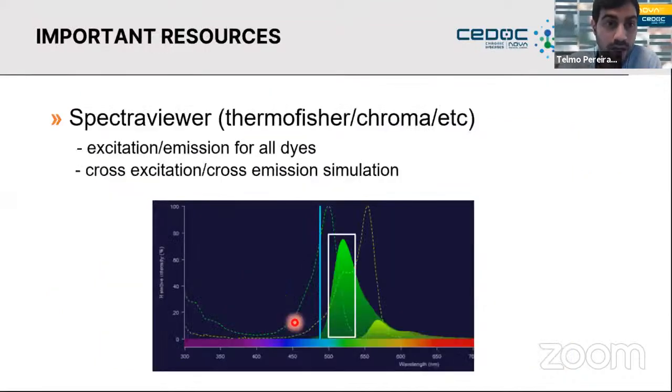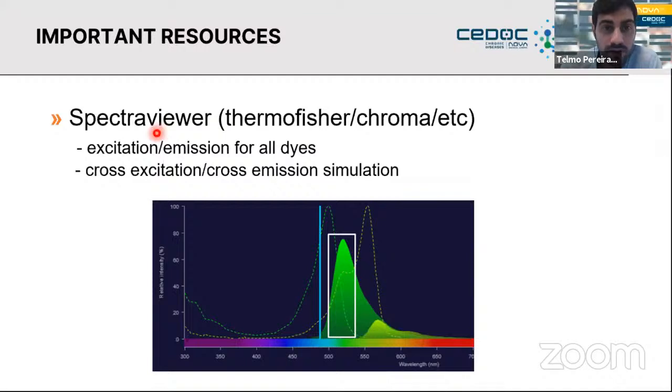One of the most important resources you can use in this regard is a spectral viewer. You can search in Google for spectral viewer. A very, very big list will appear. Usually the first one is from Thermo Fisher, but there are ones from Chroma and others as well.